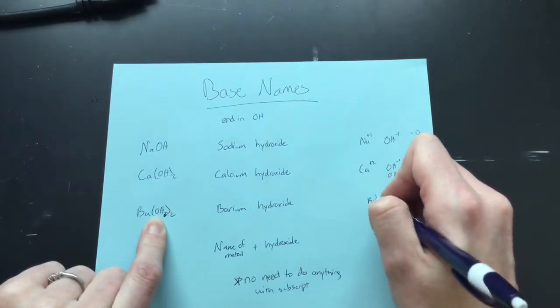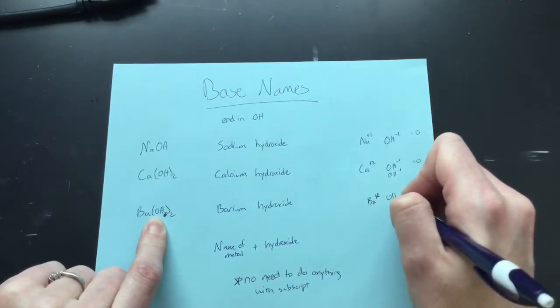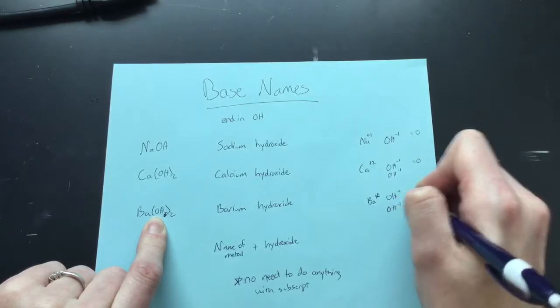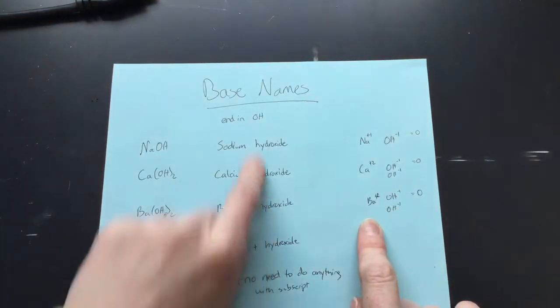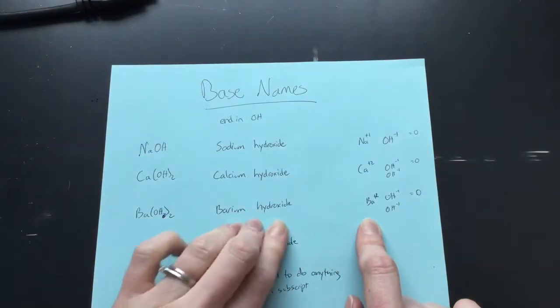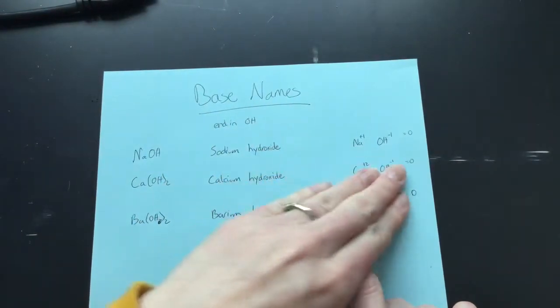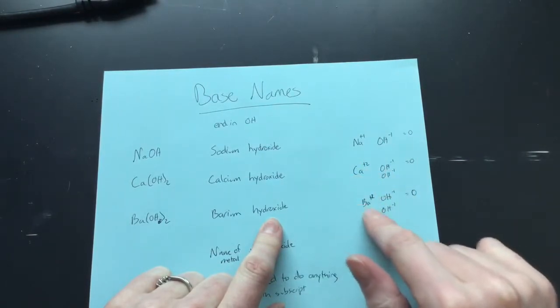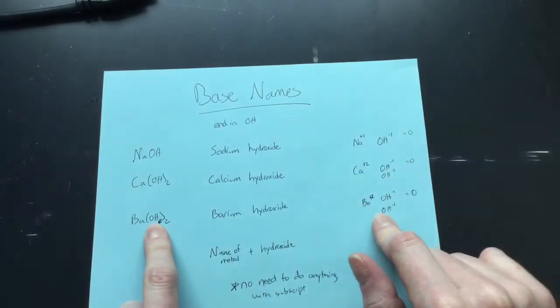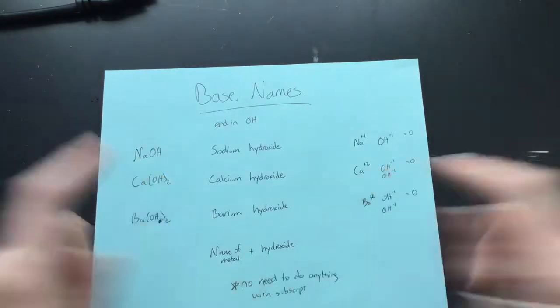Same thing for barium. Barium is +2, so we have to have 2 OHs to add up to 0. So that's the reason that there's the 2 there, but it does not show up in the name. When you go from name to formula, you have to pay attention to the charges. If it's from the second column, then it's an OH with a 2 on it. If it's from the first column, then it's just OH.